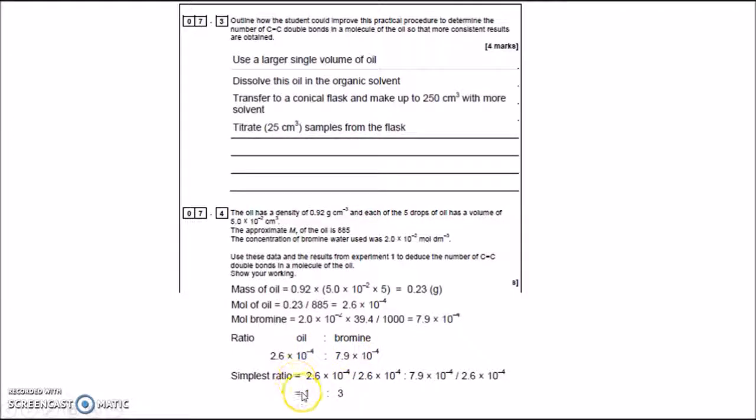So the ratio is 1 mole of oil to 3 moles of bromine water. That means I need 3 moles of bromine water to react with 1 mole of oil because there's 3 double bonds in the oil. That's why I need 1, 2, 3 moles of bromine water to react with the 1, 2, 3 double bonds in every molecule of oil.